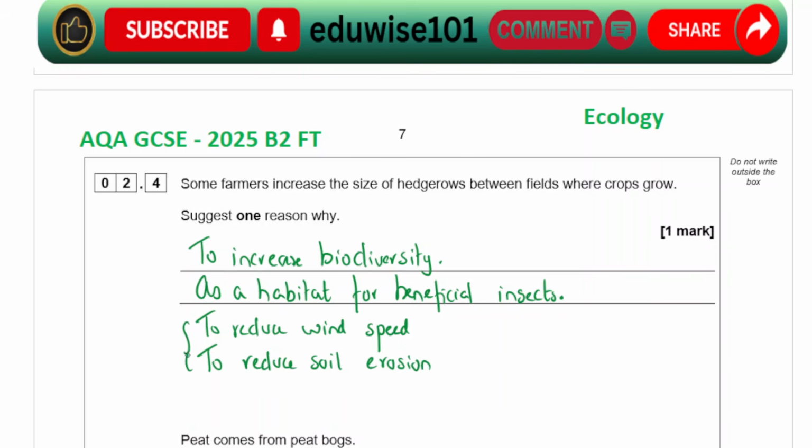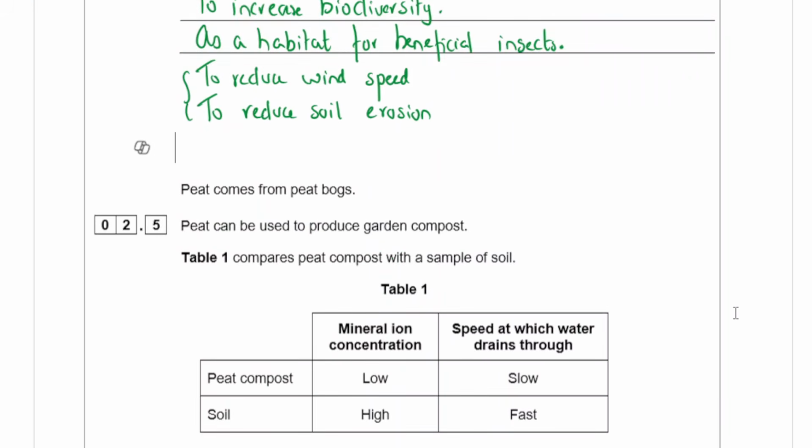Both these 2 points are actually linked together, so I wouldn't actually write both of them if you ask for 2 reasons. You could also write as a habitat for predators of crop damaging organisms. For example, growing hedgerows might actually encourage owls to stay there, which might actually help to eat mice.